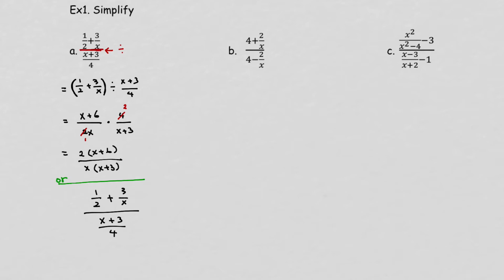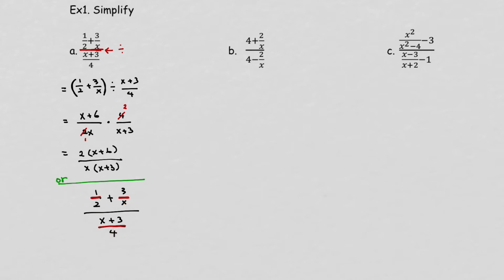The second method is trying to get rid of the smaller fractions to get rid of the complex fraction. So in order to get rid of these smaller denominators, you need to find the LCD of 2, 4, x, 4.